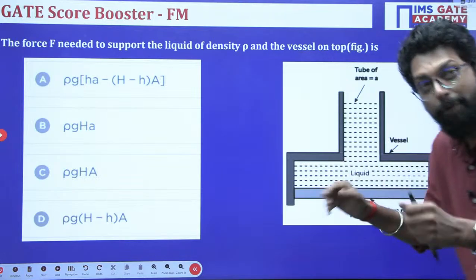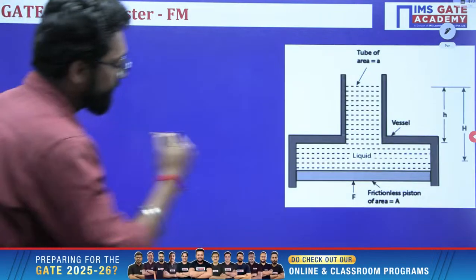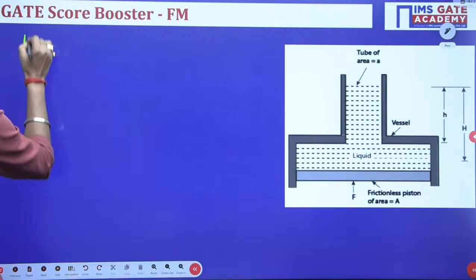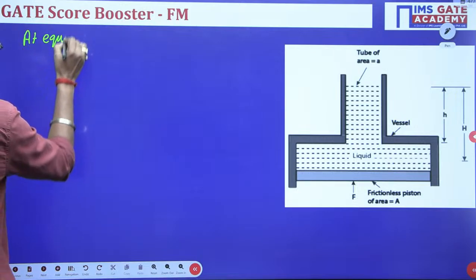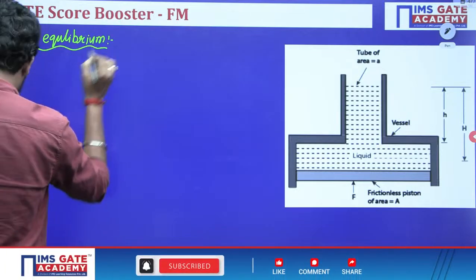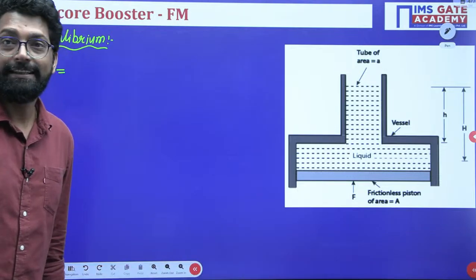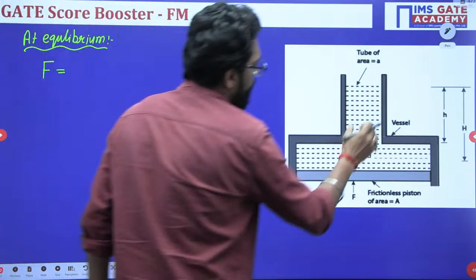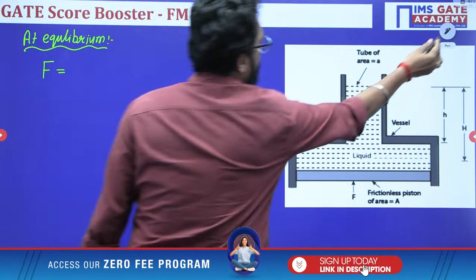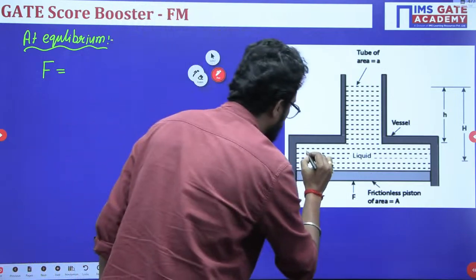But there is a problem. Let's try that concept. This is your platform, and let's suppose this is at equilibrium. This is the first method: force F is equal to the pressure exerted by the fluid on this platform.